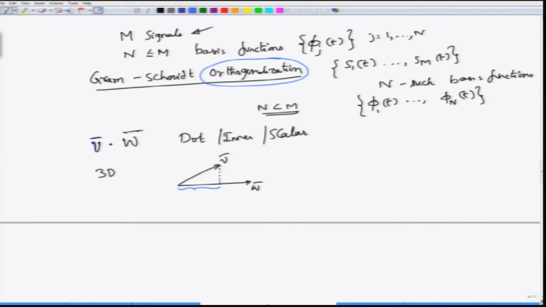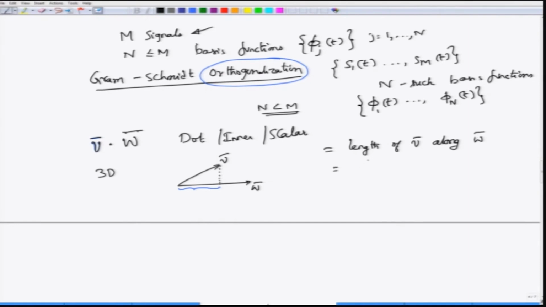So, this might be the definition that you might have seen. V dot w is actually the length of v along the vector w. Of course, v has to belong to the same vector space as w. If they belong to the same vector space, then v dot w will give me the length of v along w, right.